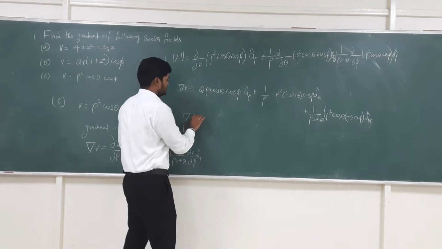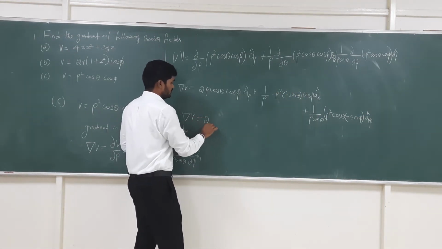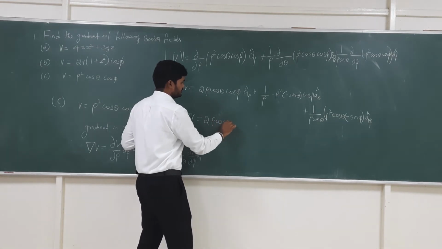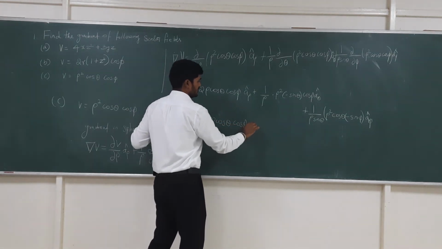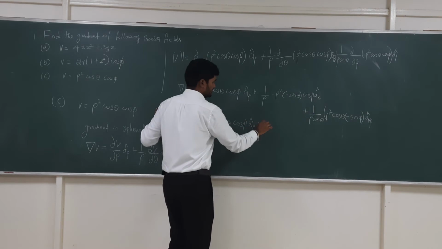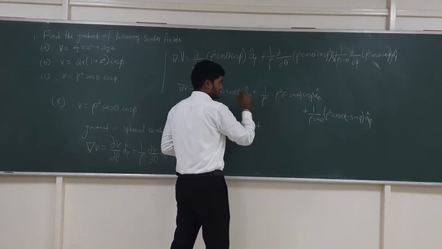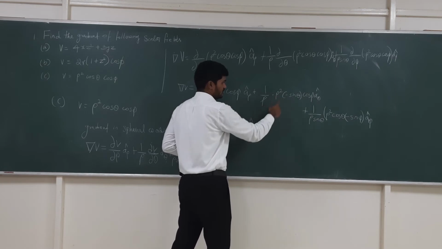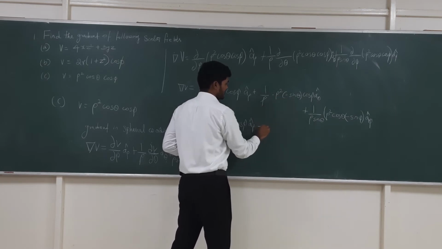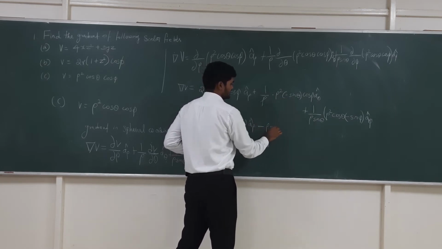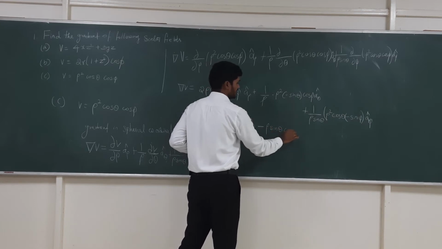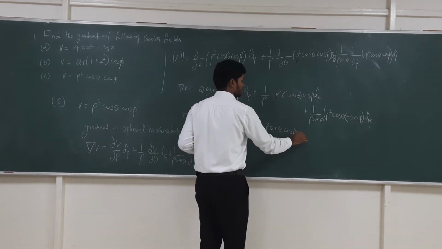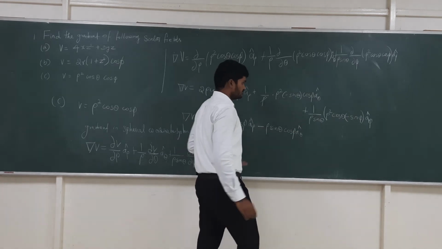Okay, the final gradient value is 2ρ cos θ cos φ a_ρ cap. Plus here ρ gets cancelled and the remaining one ρ, and it's a minus, so minus ρ sin θ cos φ a_θ cap.